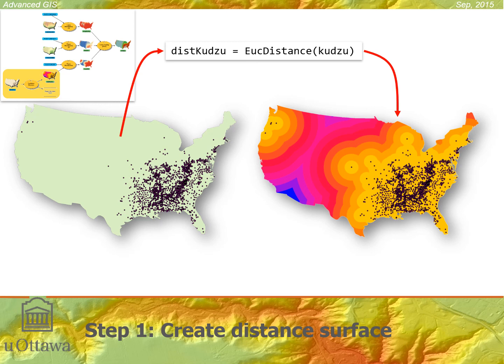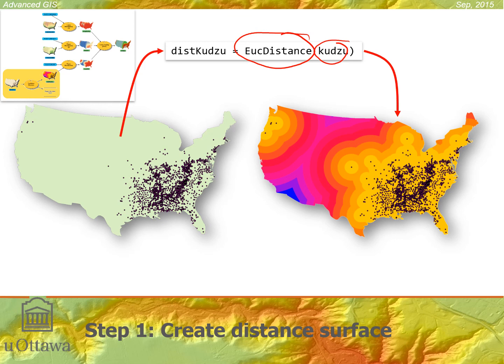In Python, the map algebra statement is pretty straightforward. We use the Euclidean distance tool, where our input is going to be our Kudzu layer. Our output will be cells that are 1,000 by 1,000 meters, and the distance will be assigned to each cell, plus or minus 500 meters to the nearest Kudzu observation, or plus or minus probably 1,000 meters to the nearest Kudzu observation.